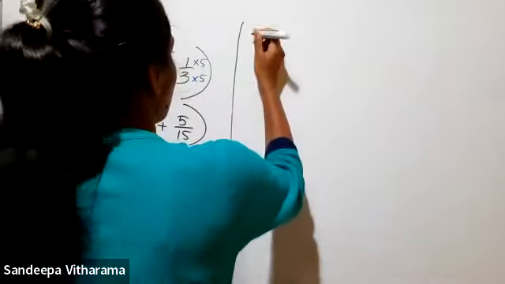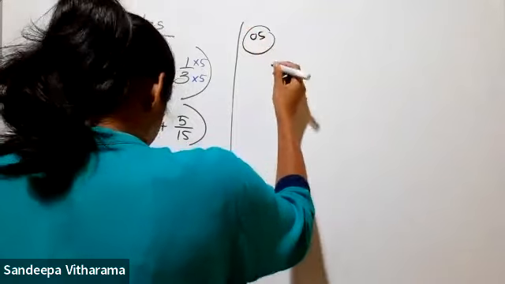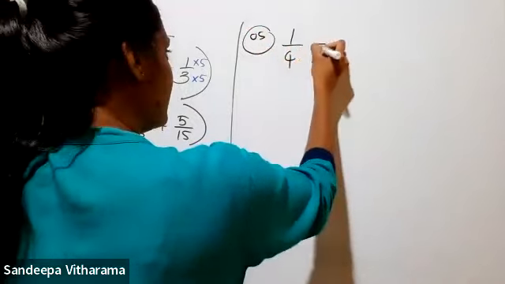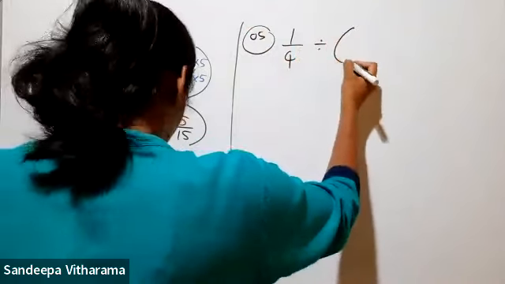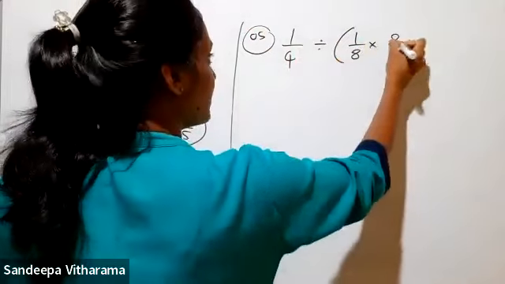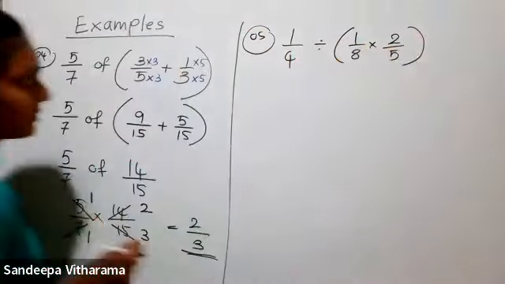Okay, fifth one, it is 1 upon 4 divide 1 upon 8 multiply 2 upon 5. Okay, do this.